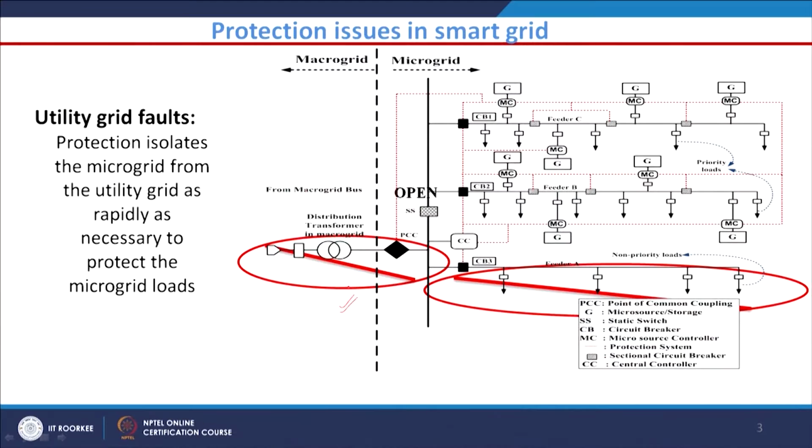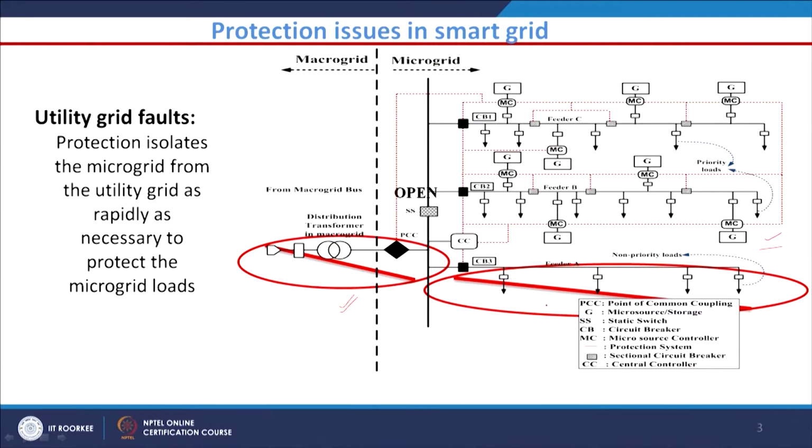Now, if you have a fault on the grid side, then we also have to take care of that. Otherwise, this fault current will propagate to the microgrid components like renewable sources, battery storage and loads, which are very sensitive electronic devices.